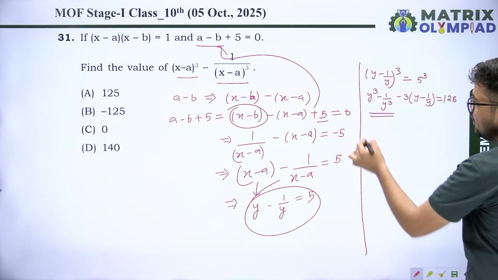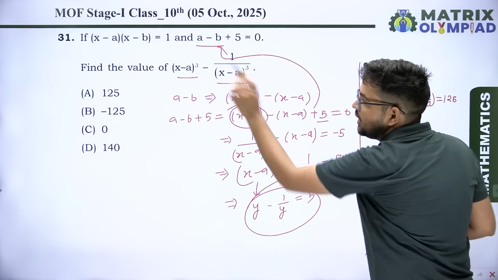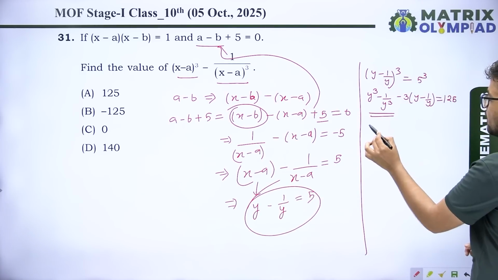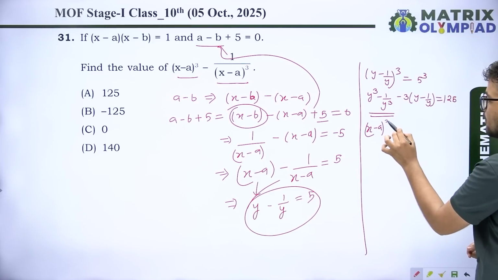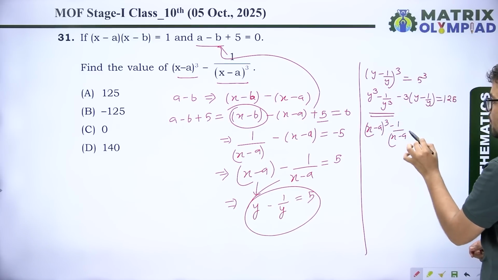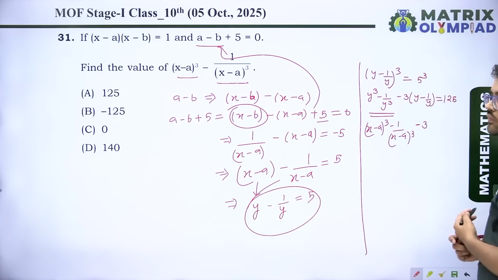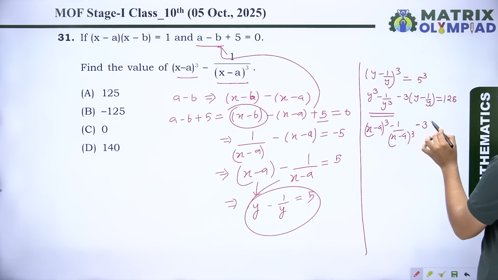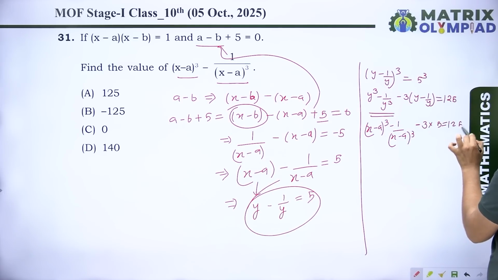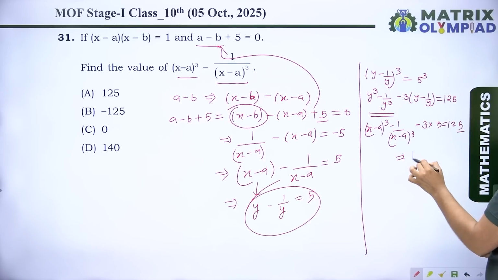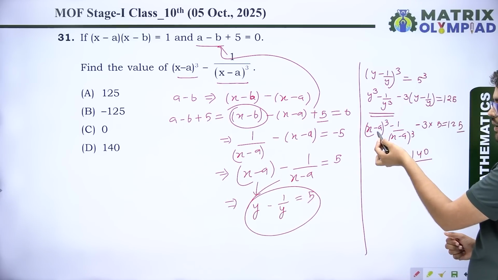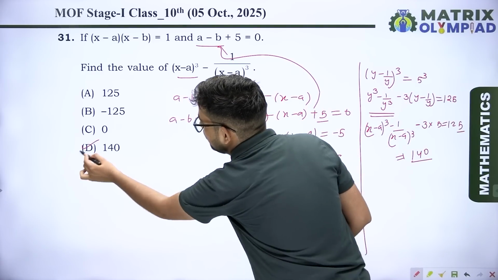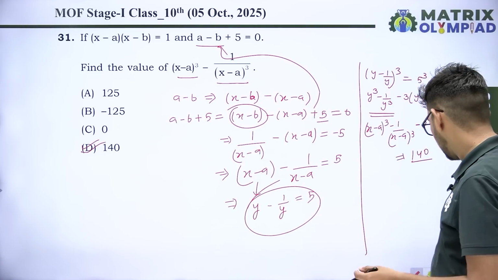So from here y cube minus 1 upon y cube, that is (x minus a) cube minus 1 upon (x minus a) cube, minus 3 times 5 equals 125. When we shift this to the other side, it becomes 140. So (x minus a) cube minus 1 upon (x minus a) cube will be 140. Option D will be the correct answer.